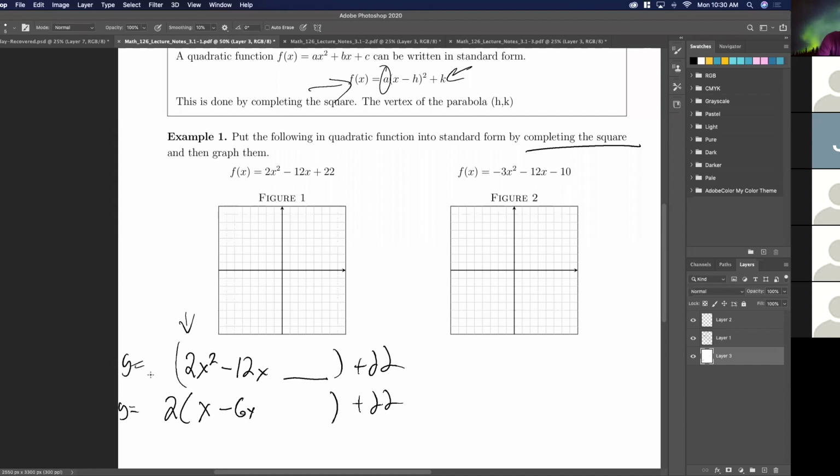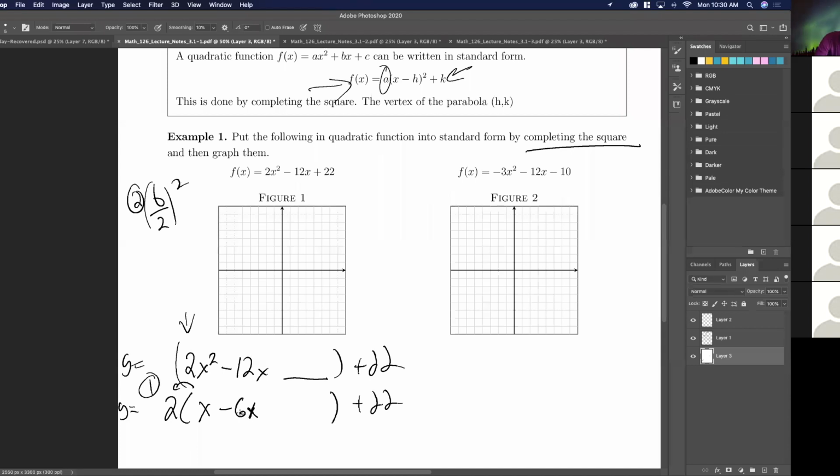If we were going to do little steps, the first step is to make it look like this, right? So that'd be step 1. Pull out your 2, or whatever, in this case it'll be minus 3. Pull that out, get it to here. Then, in order to complete the square, step 2 is take your b term, divide it by 2, and then square it, okay?